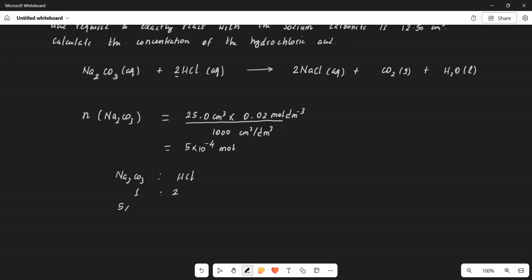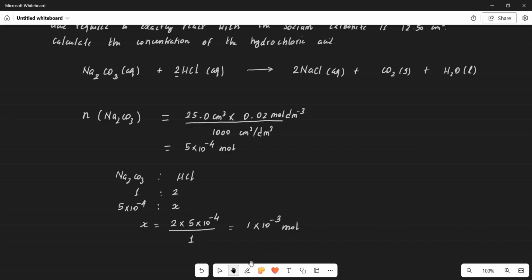So 5 multiplied by 10 to the power negative 4 is to x. So we know that x will be equal to 2 times 5 into 10 to the power negative 4 divided by 1, which is 1 into 10 to the power negative 3 moles.